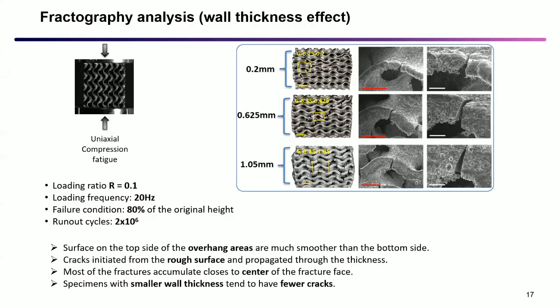Also cracks initiated from the rough surface and propagated through the thickness. As we can see from the image, most of the fracture accumulates closer to the center, and specimens with smaller wall thickness, in this case 0.2 millimeters, tend to have fewer cracks compared to the specimens with larger wall thickness.